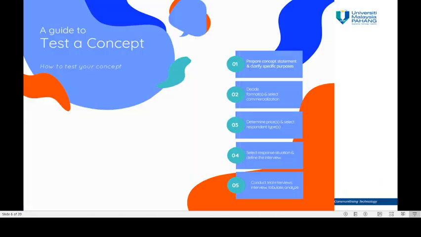Next, what is the procedure of the concept test, or what is a guide to test a concept? First of all, we need to prepare a concept statement like I showed to you just now. You can have it in a form not only like a narrative, but you can even make it an illustration or a model.